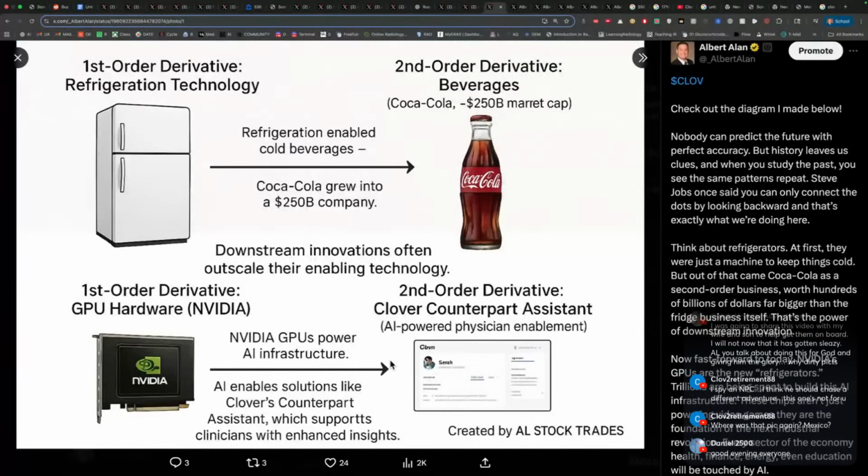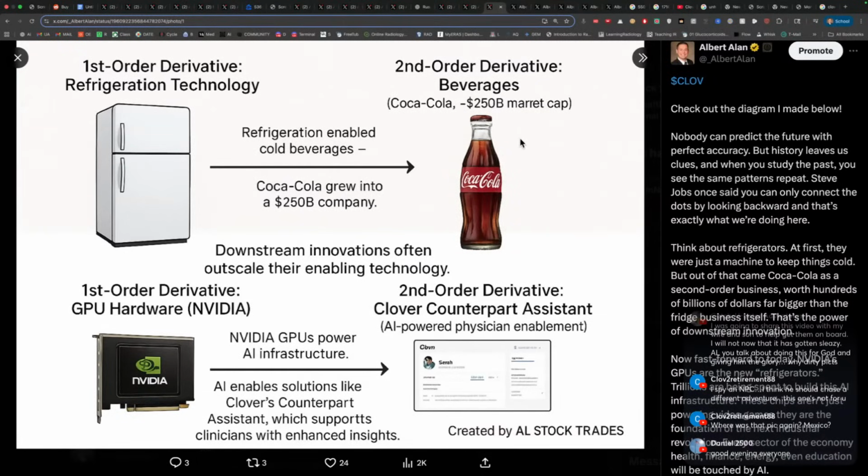I created this diagram and I wanted to educate you guys on this. So here's the refrigerator, and this is the first order derivative. The thing is, what billion-dollar companies came out of the refrigerator? Well, Coca-Cola is one of them. You could think of other beverages, Celsius or whatever, but let's think just Coca-Cola.